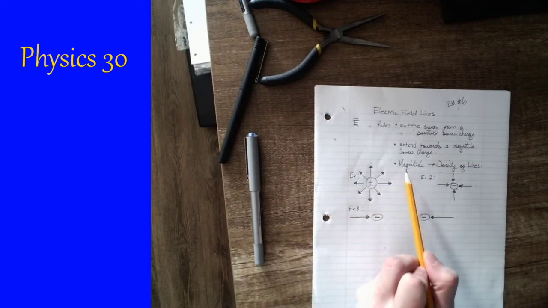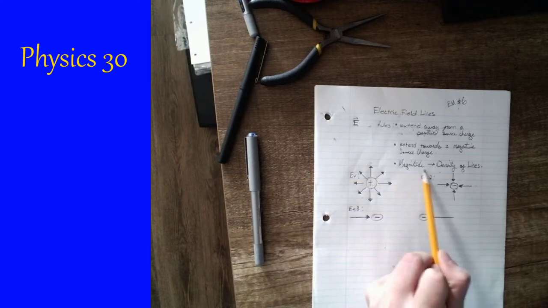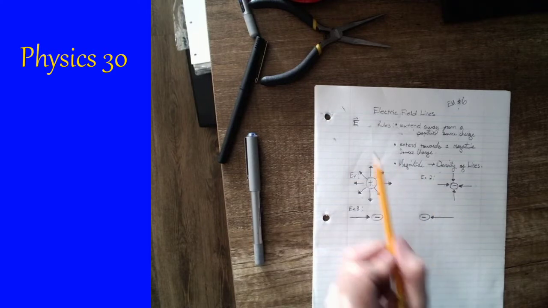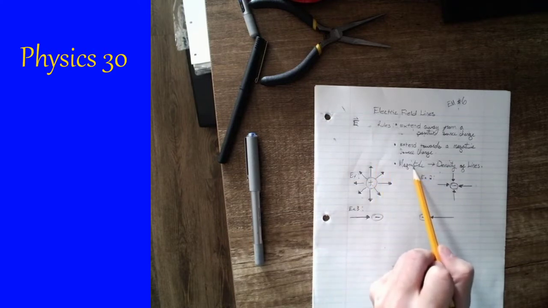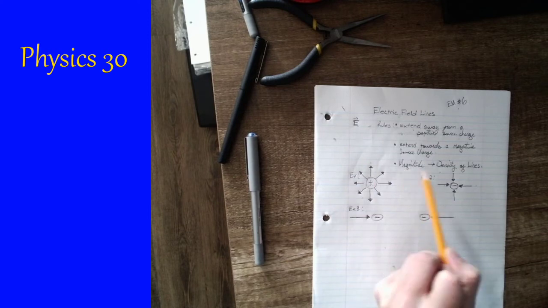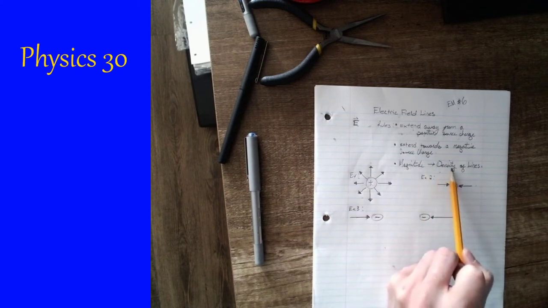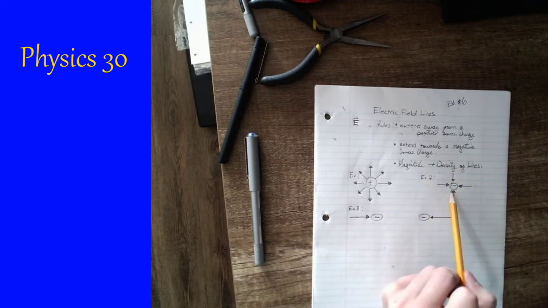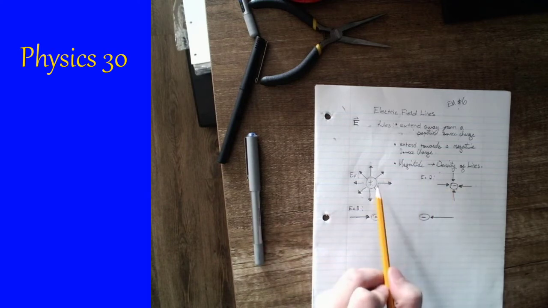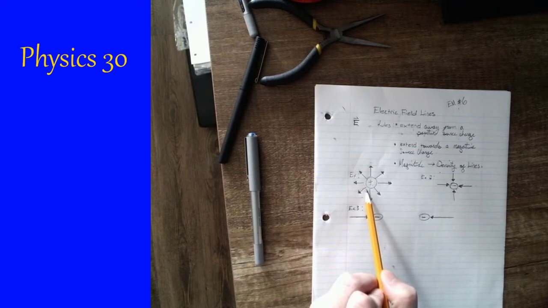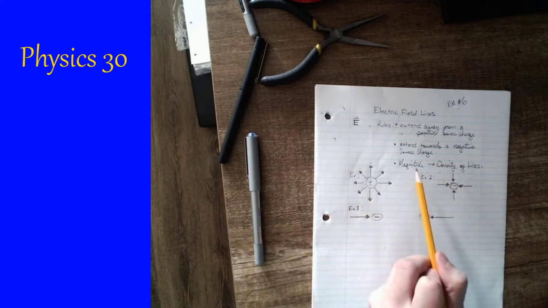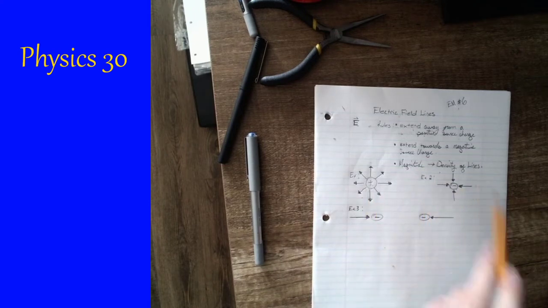The last rule is that the strength of the electric field, or the magnitude, these are the same idea, is represented by the density of lines, or quite simply how many lines you draw. And so a stronger electric field than the one represented here would be one with more lines. That's how we represent magnitude.